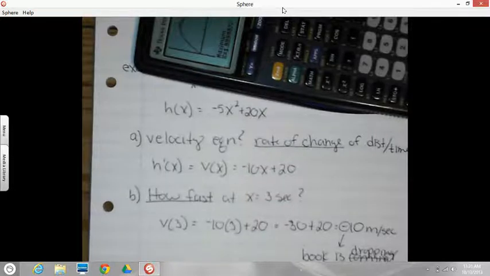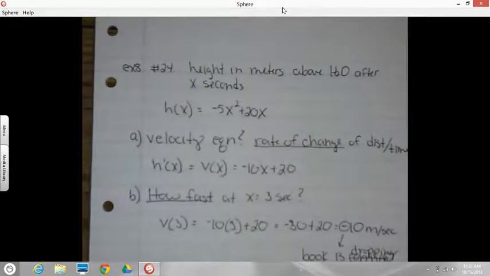Okay. So let's talk about that, the relationship between a function and its derivative in the next example. Example 9.